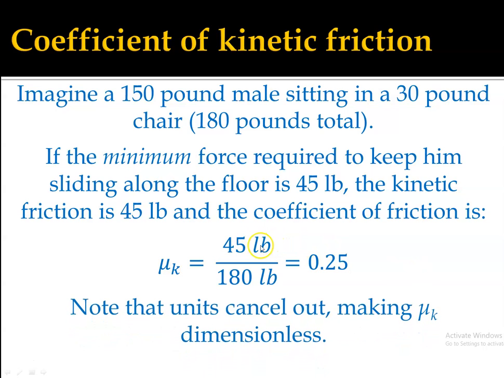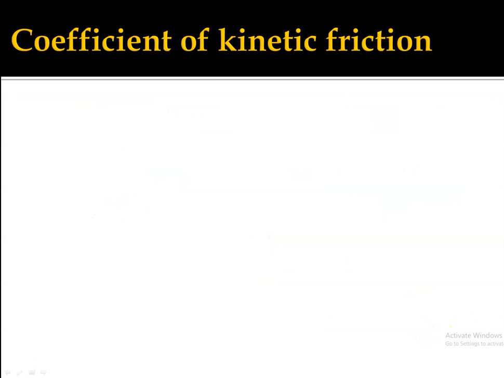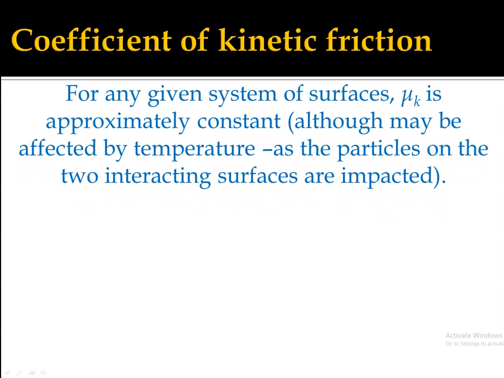So note that these units cancel themselves out, making this dimensionless. The coefficient of kinetic friction is dimensionless. So for any given system of surfaces, whether we're looking at a chair leg against the floor, or a cardboard box against the floor, the coefficient of kinetic friction is approximately constant.